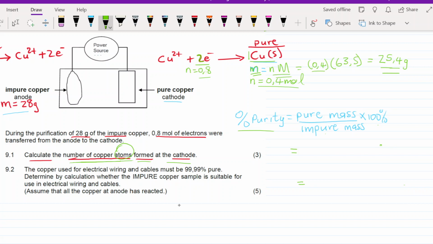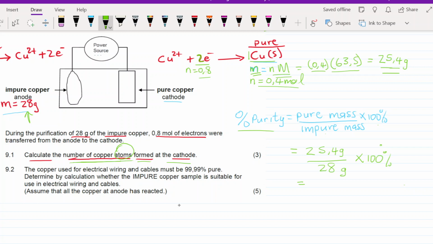We said the number of moles, which is 0,4, multiplied by the molar mass, which is 63,5. It gave us 25,4 grams. So we're going to take now this mass, which is the mass now of the pure, 25,4 grams, divide by the mass of the impure, which was this one that they gave us, 28 grams, multiply that by 100%.